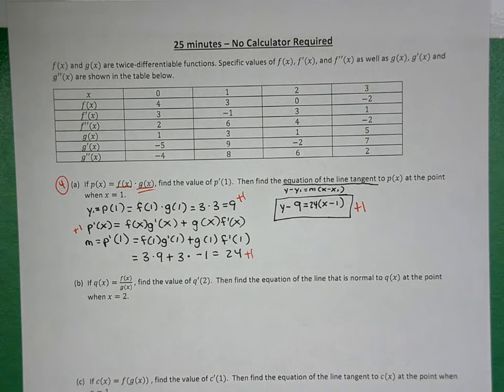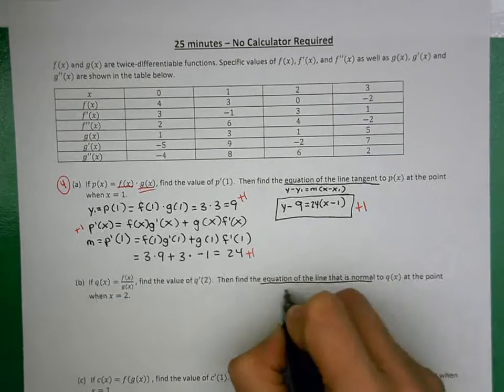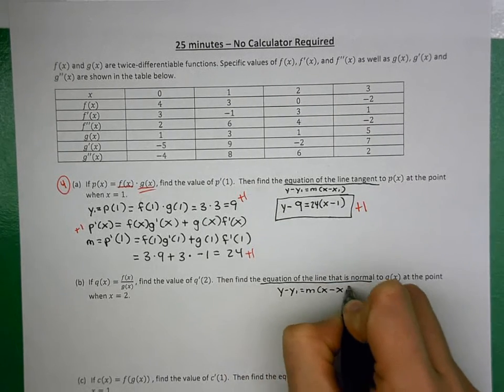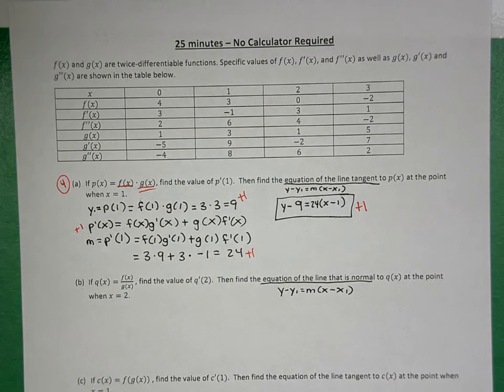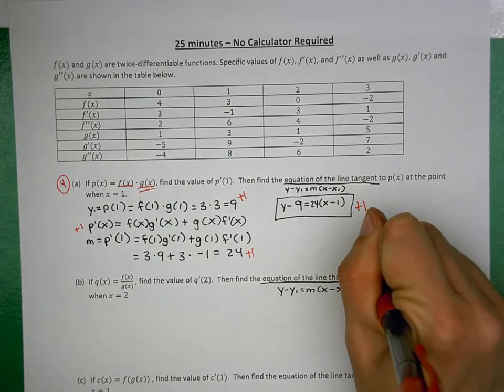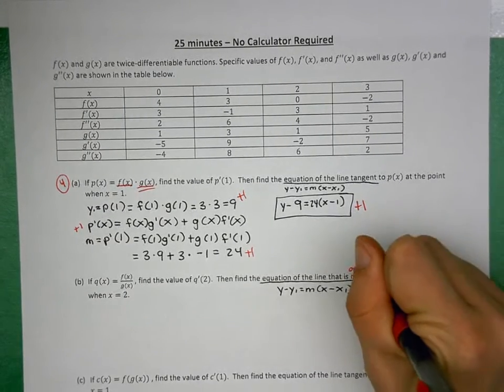Okay, B, if Q of x equals f of x over g of x, find the value of Q prime of 2. Then find the equation of the line that is normal to Q of x. So, equation of the line, we are again thinking y minus y1 equals m times x minus x1, but normal, remember the definition of normal is perpendicular, and so we are going to be thinking opposite reciprocal, I'll do that, just REC, reciprocal slope for normal here, okay?